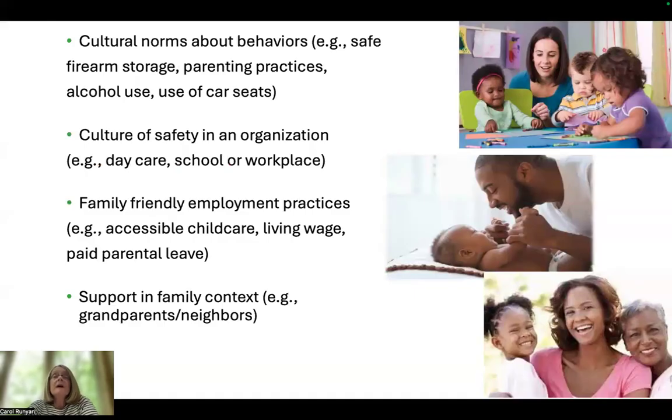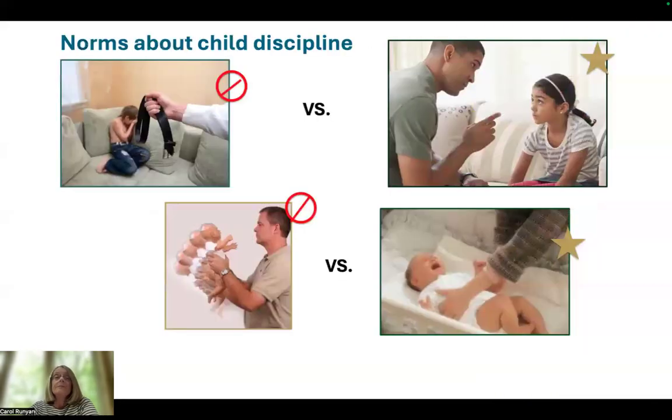And cultural norms about some of these behaviors are illustrated here. I think I've mentioned most of them already, actually, and just with some other illustrations to help you think about those. And I'm sure you can think of many more. Norms about child discipline are another example.